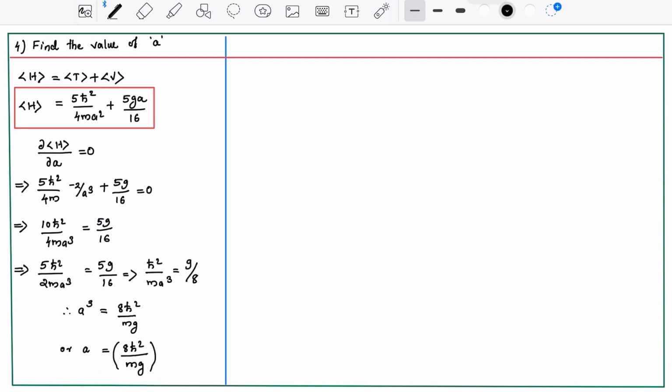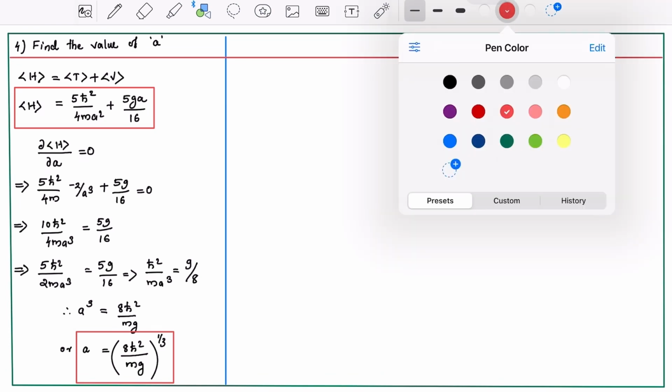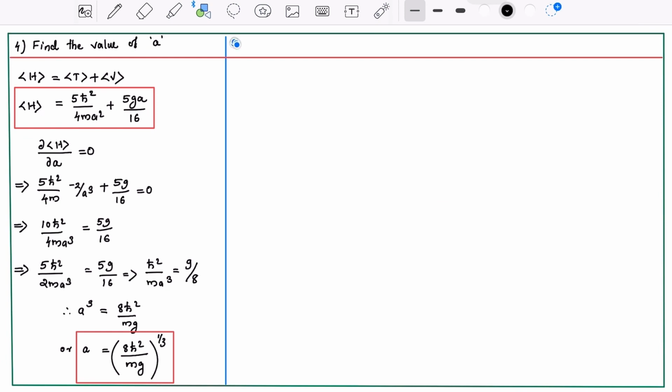Thus, we have successfully evaluated the value of A. We obtain the value of A. Once we obtain the value of A, let us substitute the value of A in the expectation value of H so that we will get the expression for the ground state energy.